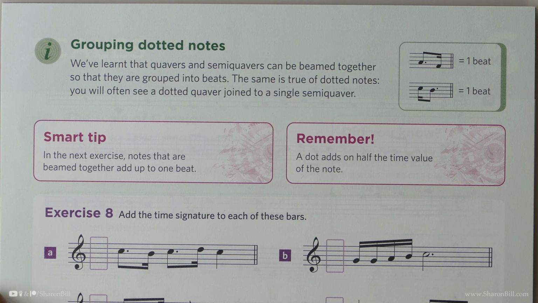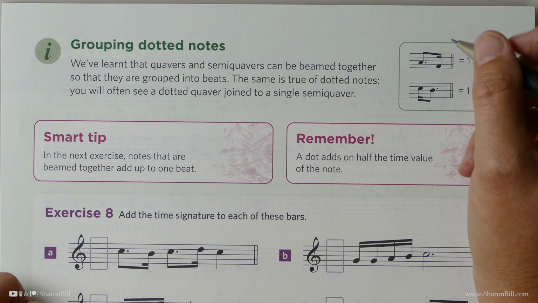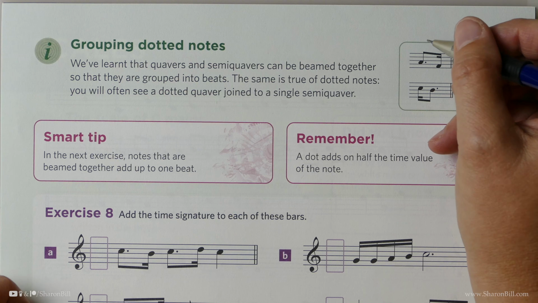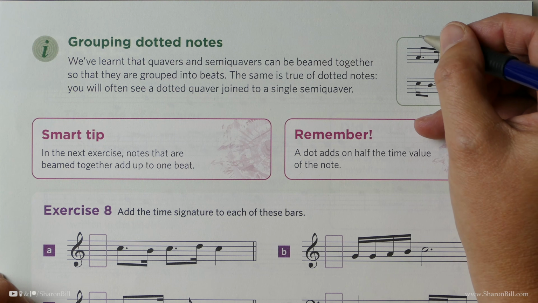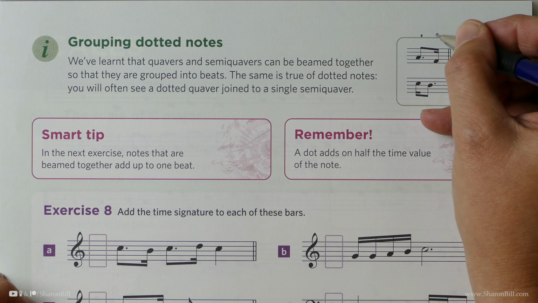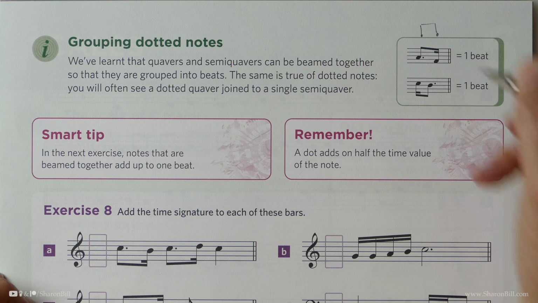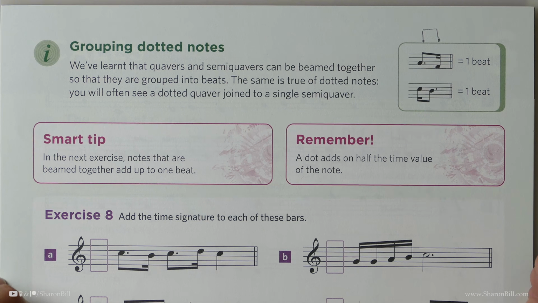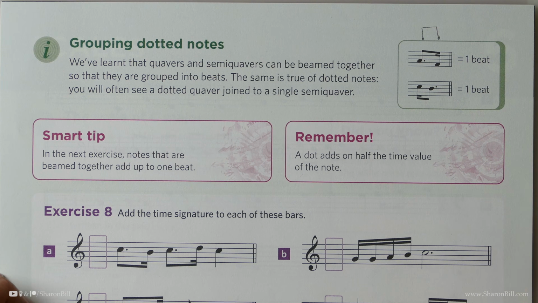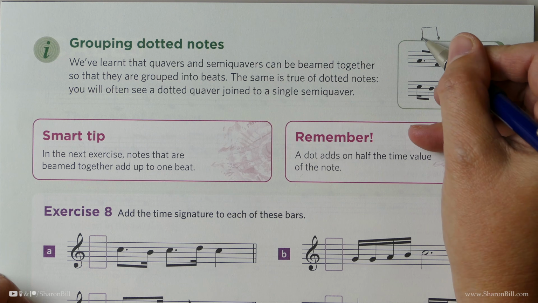And we know that we group things to show each full beat. And so we know that a quaver and a quaver are beamed together. And now we're going to be adding dots.